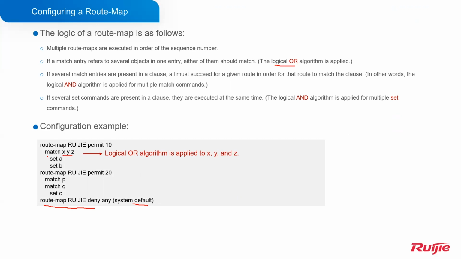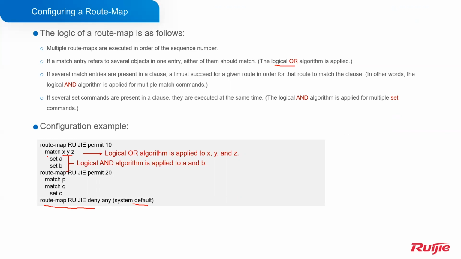Logical OR means if you can match one of them, you are matched. And after you are matched, next set A and set B. The relationship is AND. Logical AND algorithm is applied. It means if you are matched, you should be operated by set A and set B.